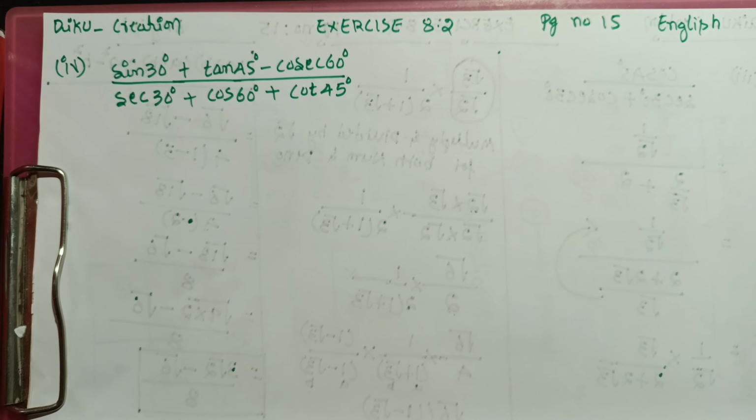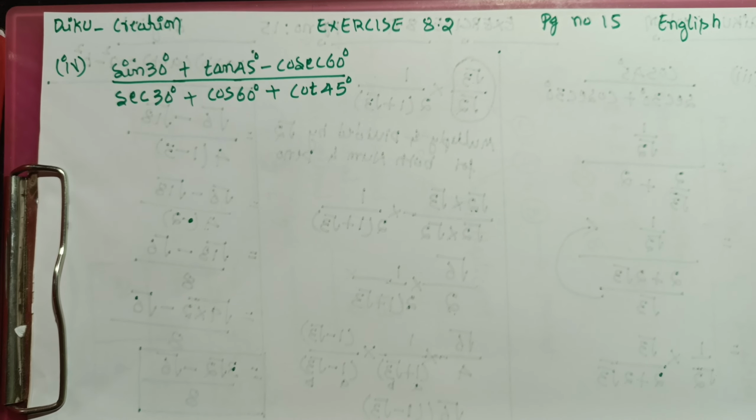Okay, now the question number 4 of the same exercise 8.2. The question is sin 30 degree plus tan 45 degree minus cosecant 60 degree divided by secant 30 degree plus cos 60 degree plus cot 45 degree.